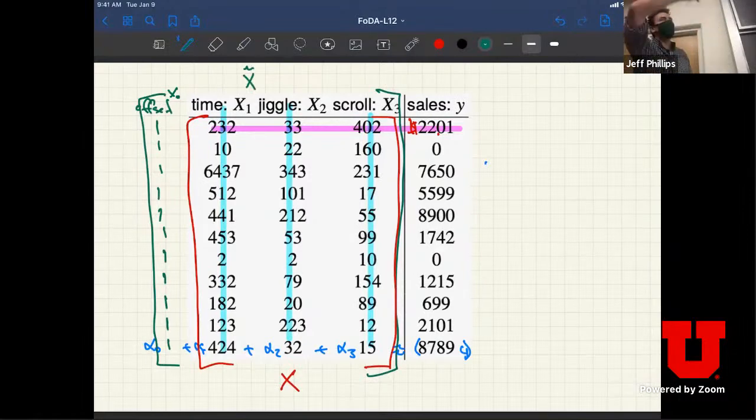I'm going to put a little squiggly line on top of the X, and this is going to be an offset here. So this guy was 11 by 3, and the X tilde is going to be a matrix that's 11 by 4, because I've added this extra dimension in front here. So I'm going to build this X tilde matrix here.